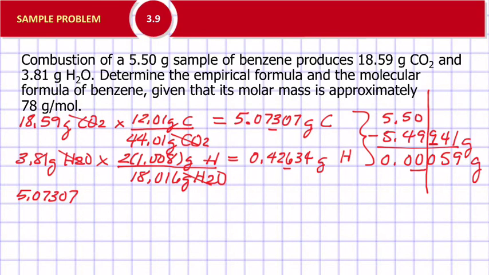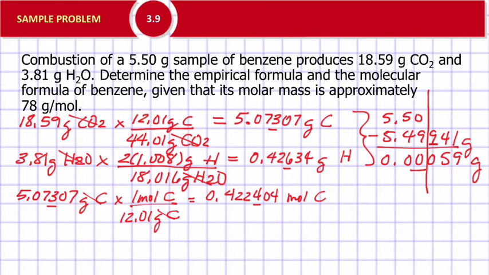5.07307 grams of carbon times 1 mole of carbon divided by 12.01 grams of carbon. 5.07307 divided by 12.01 is 0.422404 moles of carbon.